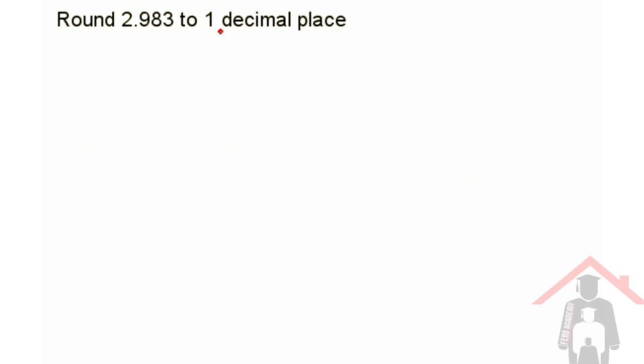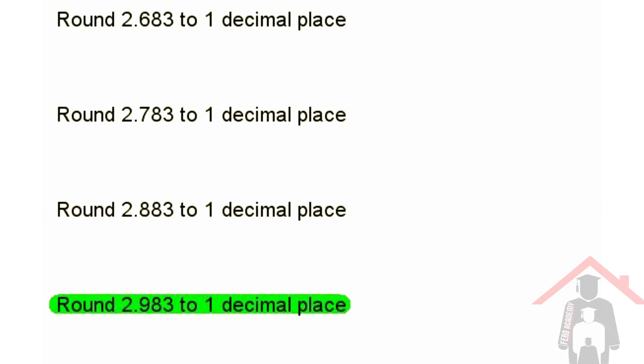Some people find questions like this really difficult. Have a go in your head now to round this number to 1 decimal place. You should have got 3.0. This is why. 2.683 to 1 decimal place is 2.7. 2.783 to 1 decimal place is 2.8. 2.883 to 1 decimal place is 2.9.